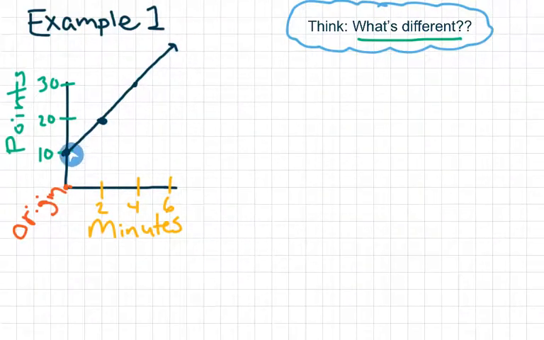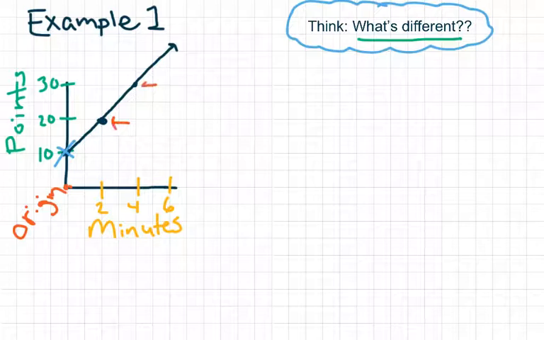That means that the y-intercept is not 0. The y-intercept is actually up at 10. So I wonder if that changes how we find the slope or the unit rate of our problem. We know that we can find unit rate by looking at any of these points.